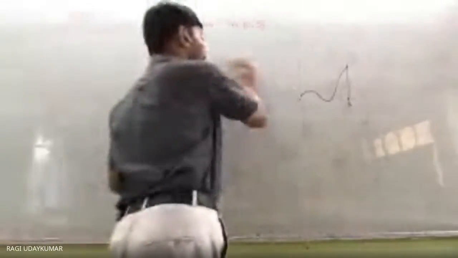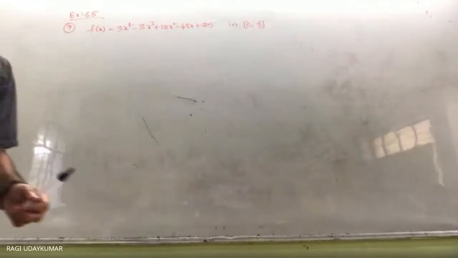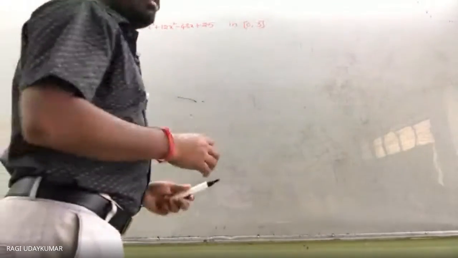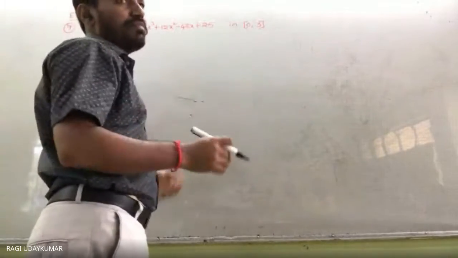So the absolute maximum is the one that, in the interval, among all the values, is the maximum value. A question can be asked to you directly. If you substitute 0, 1, 2, 3, 4, which is the maximum value?